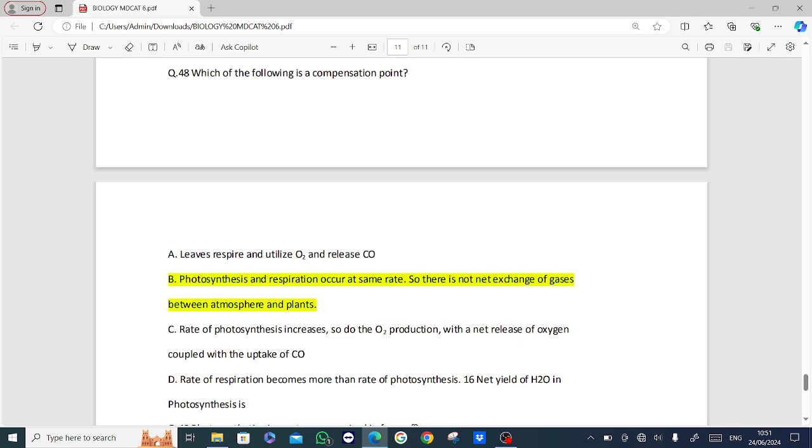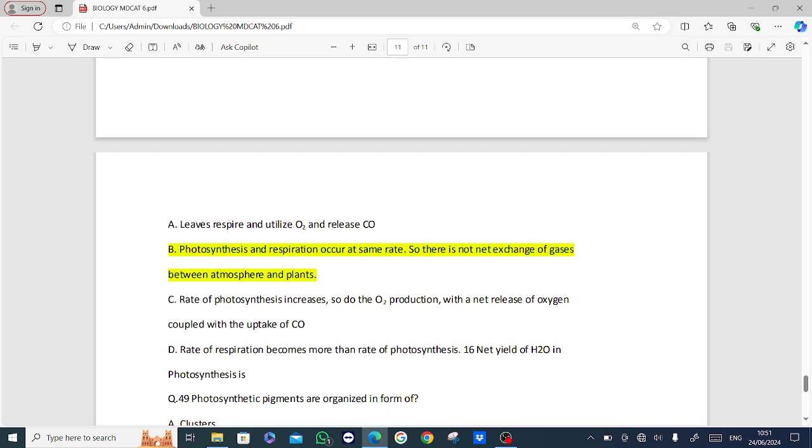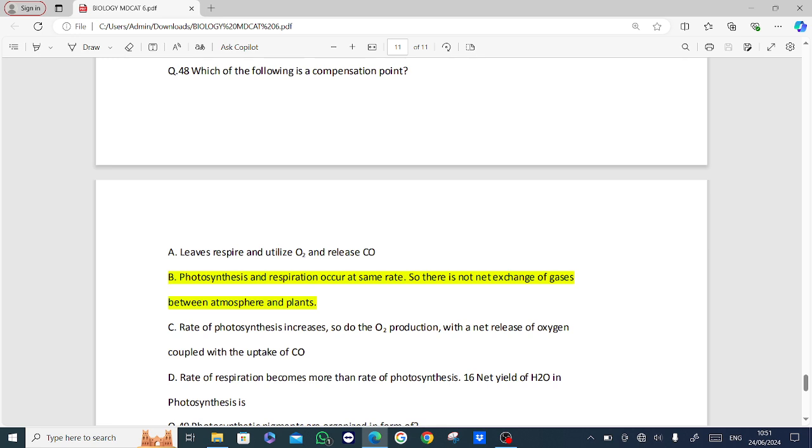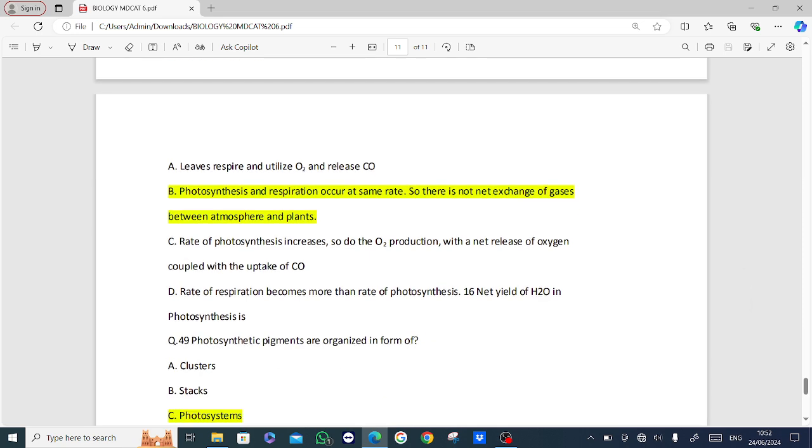Rate of photosynthesis increases, so does the O2 production, with a net release of oxygen coupled with the uptake of CO2. Rate of respiration becomes more than rate of photosynthesis. Answer is option B, photosynthesis and respiration occur at same rate, so there is no net exchange of gases between atmosphere and plants.